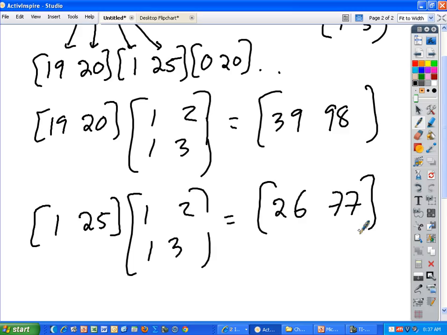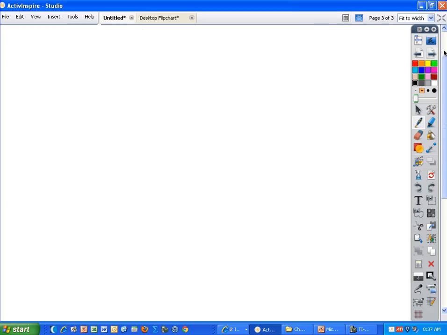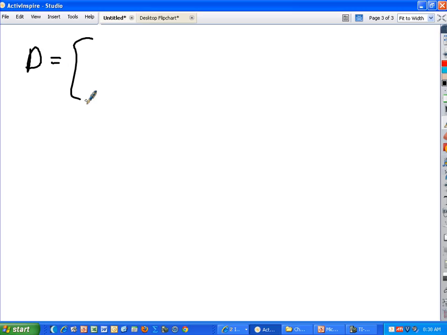For these, they're telling us that for the decoding matrix, we want to use the inverse of D. We'll just do the first 4 letters.